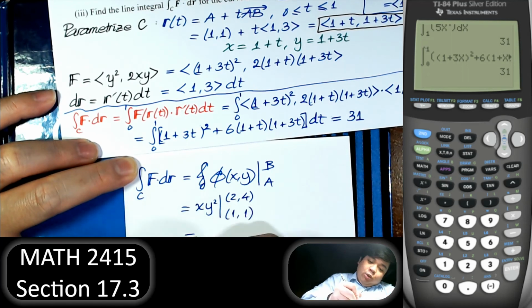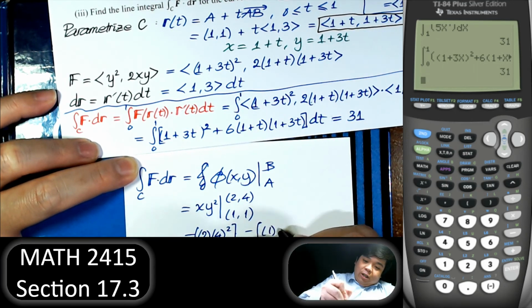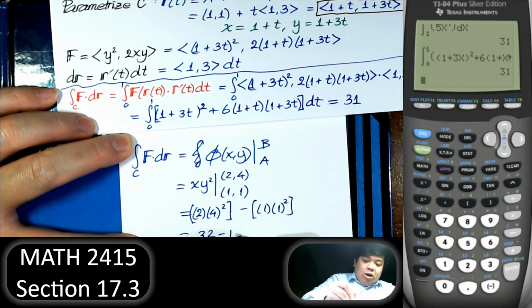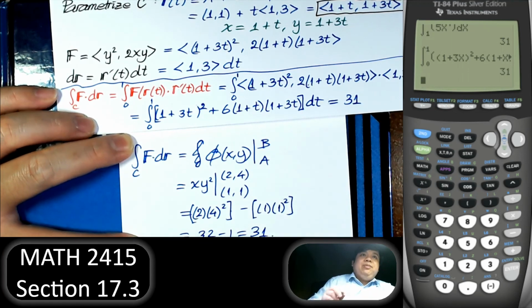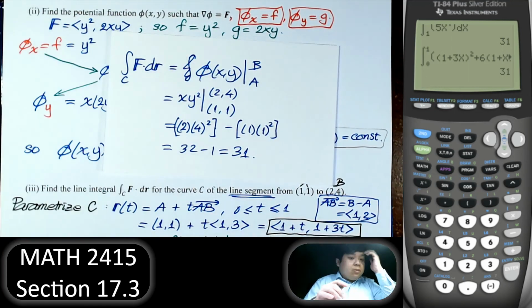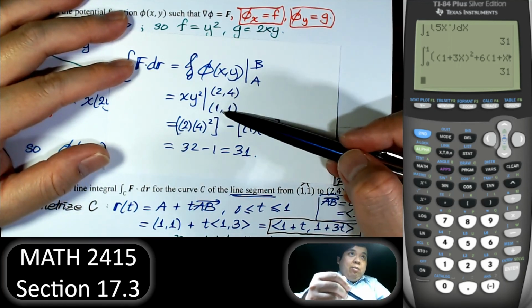So it's easy. Put 2 and 4 in, and then put 1 and 1 in. 32 minus 1 is 31. Right. So if there's a potential function, then we just use that potential function, evaluate at the endpoint and subtract.